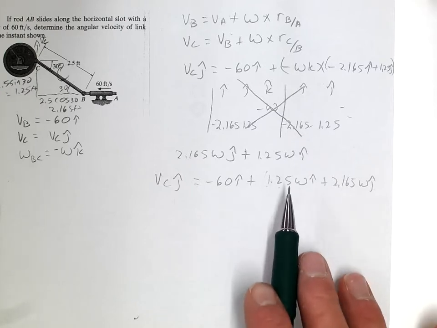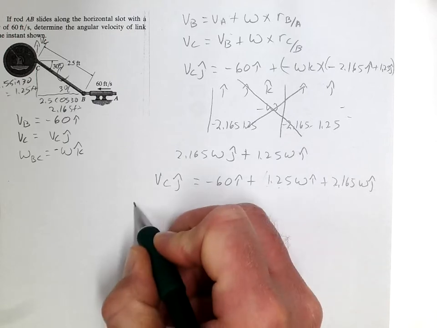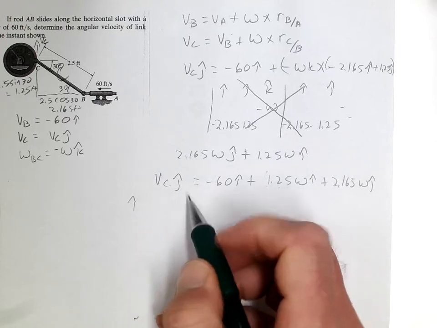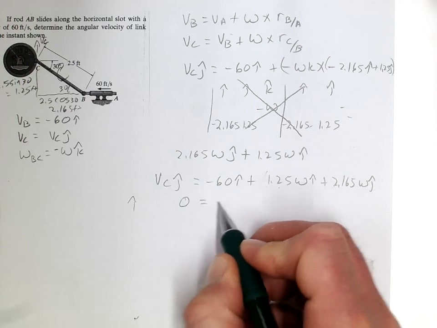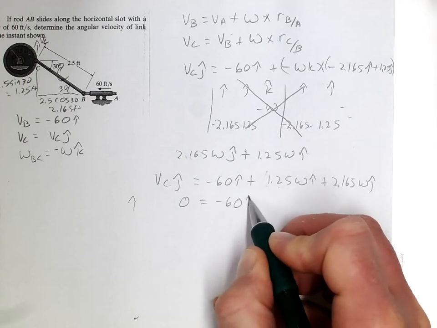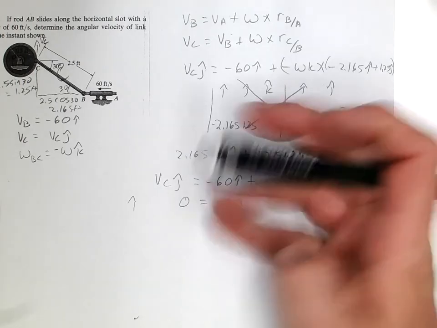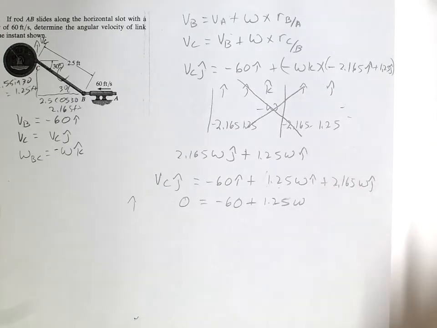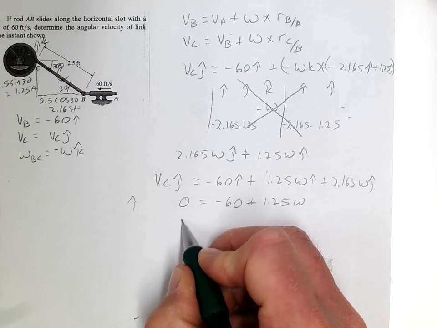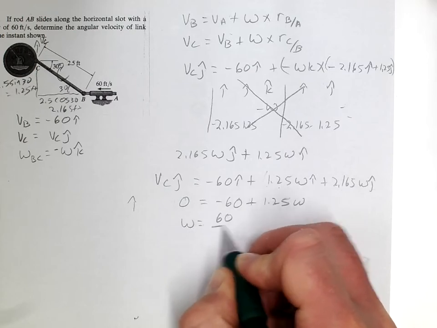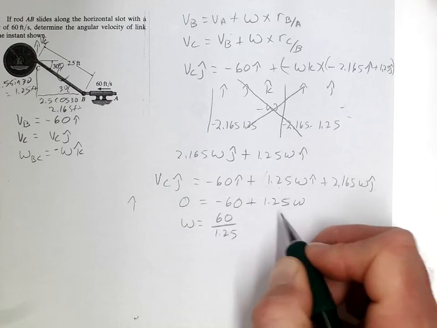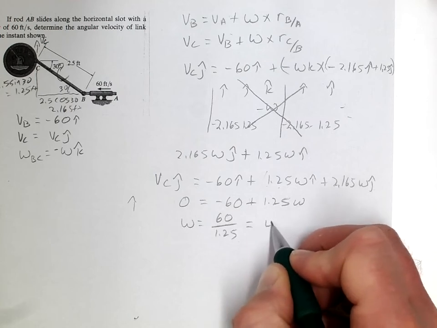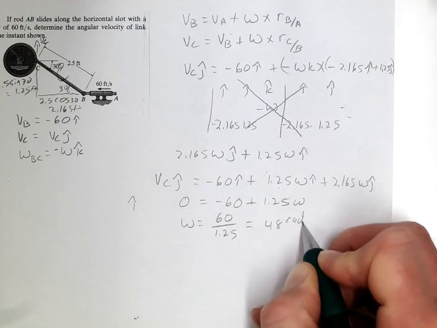Let's start with that one because that has one variable. So in the I direction, we have the equation 0 equals negative 60, taking out the I since we're in the I direction, plus 1.25 omega. Moving that to this side, omega is equal to 60 divided by 1.25, which is 48 radians per second.